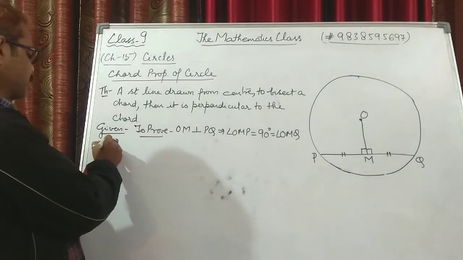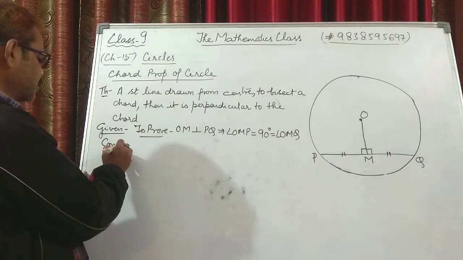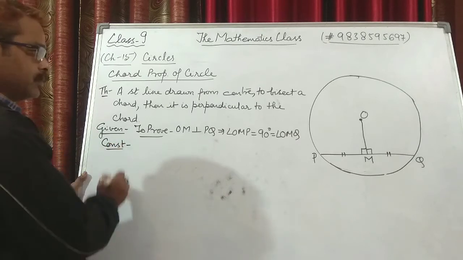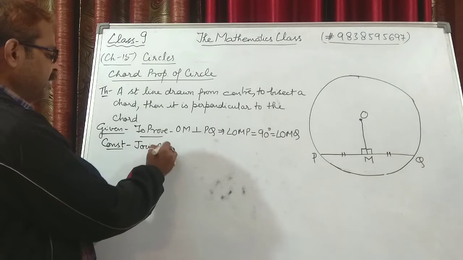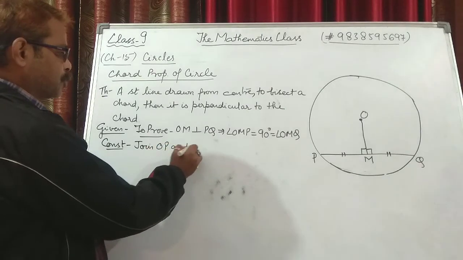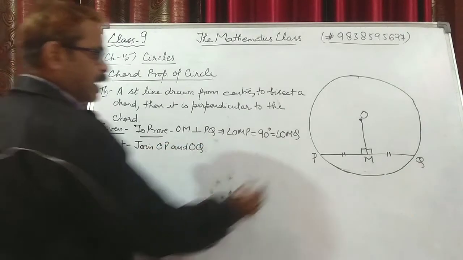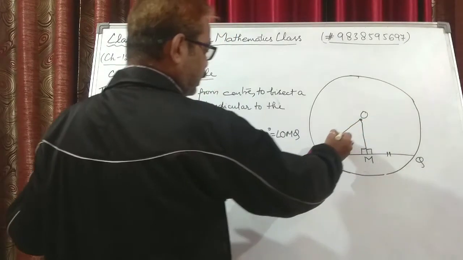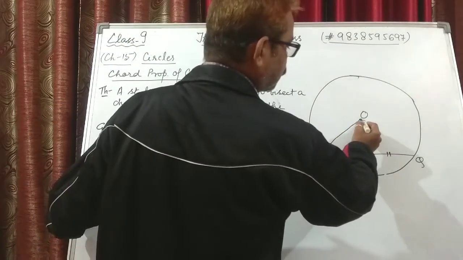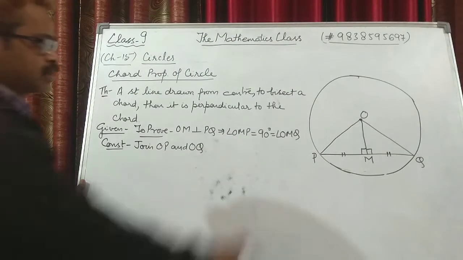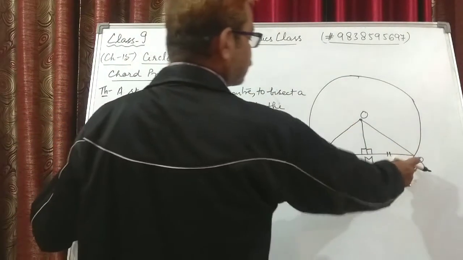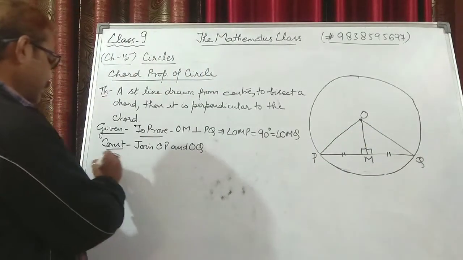Now we have to do some construction. What construction can we do? We can join OP and OQ. I am joining OP like this, and OQ has been joined. Now we get two triangles, PMO and QMO.